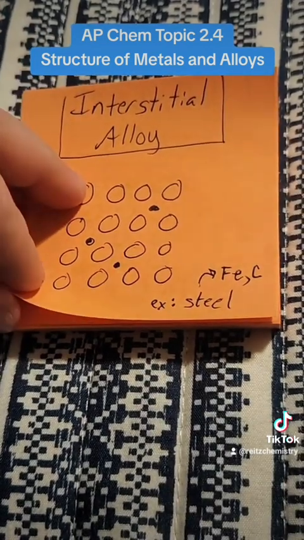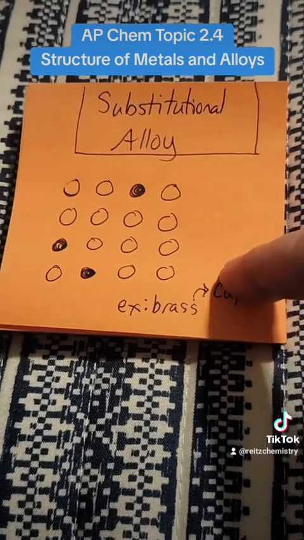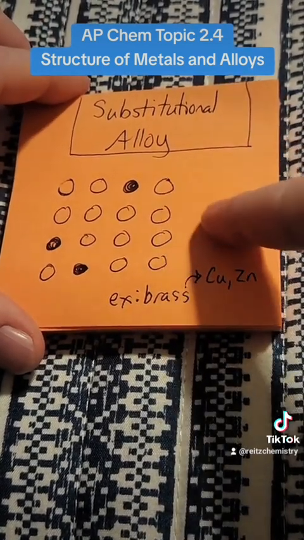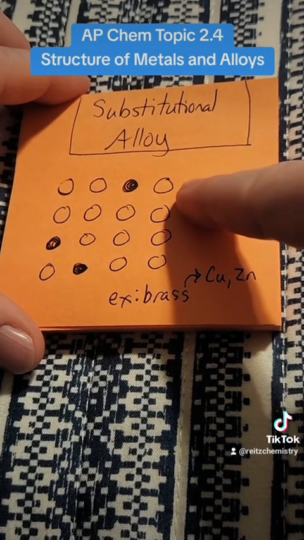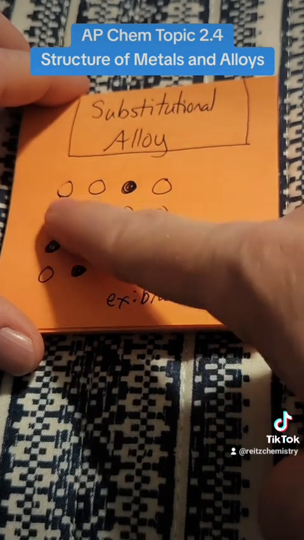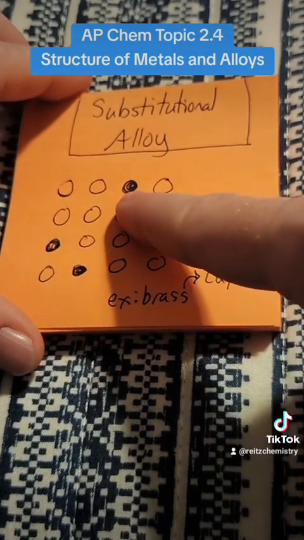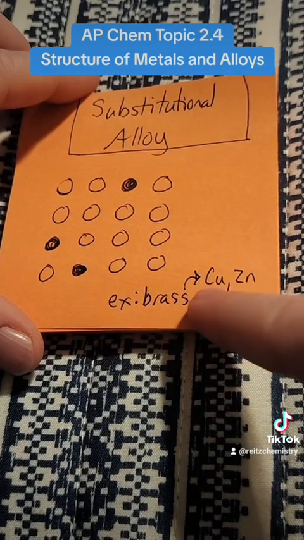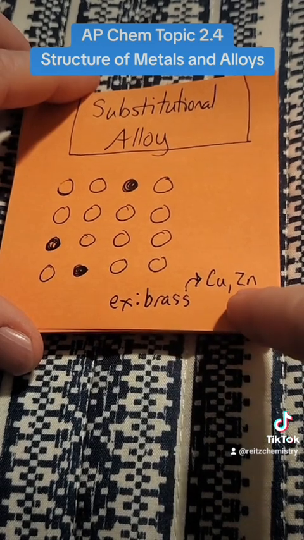The second type of alloy that we are going to talk about is substitutional. Substitutional alloys happen when the atoms are of more of a similar size. And so it looks like this, where you might previously have had the same kind of metal here, you would substitute a different kind. So an example of this is brass, and that would be a blend of copper and zinc.